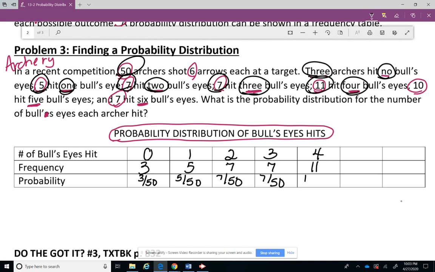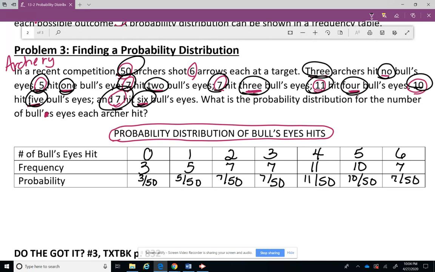It's going to be 11 over 50. 5 bullseyes were hit by 10 people. It's going to be 10 over 50. And 6 bullseyes were hit by 7 people. And that's 7 over 50. Okay, so this table helps you find the relative frequencies for each number of the bullseyes. And the relative frequencies are the probability distribution. So that's the probability distribution.